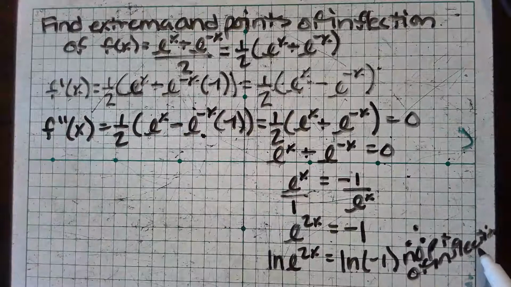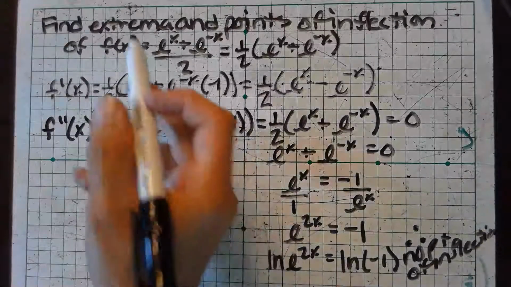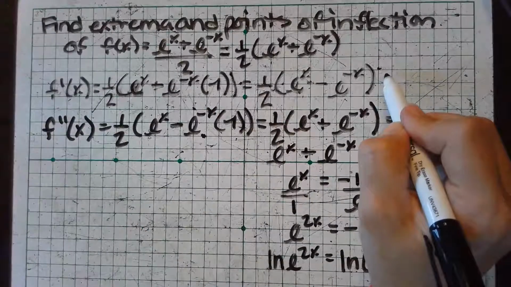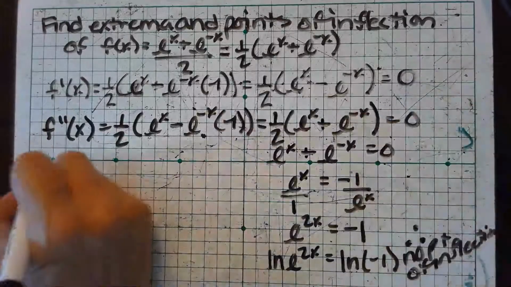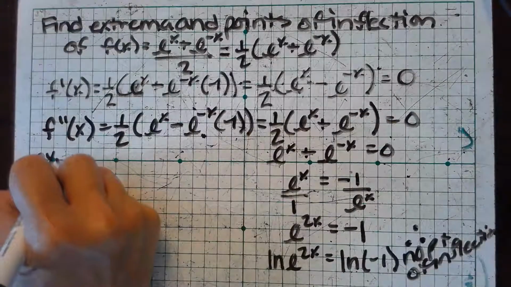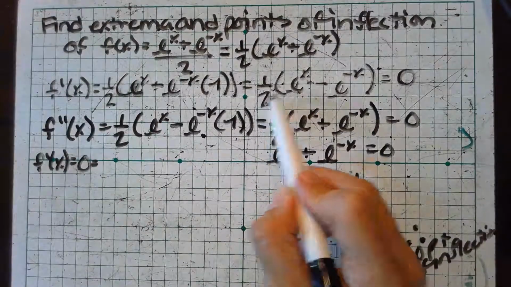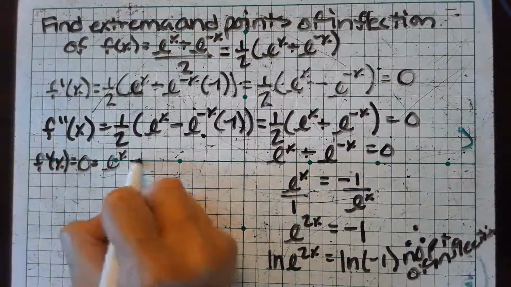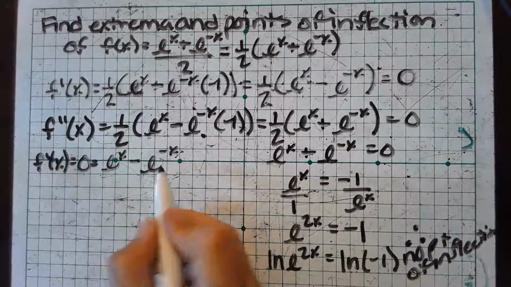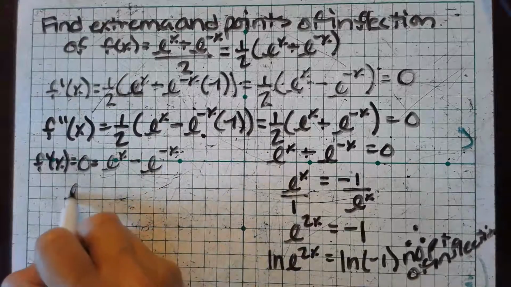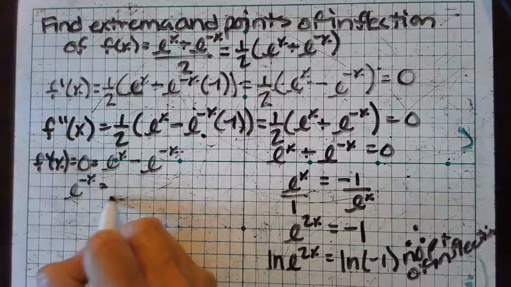Now, I missed where it said extrema right here. So we already know there's no point of inflection, but let's go back and find extrema. Extrema are when the first derivative equals 0. When I multiply by 2, I'm left with e to the x minus e to the -x. If I add that over, it's e to the -x equals e to the x.